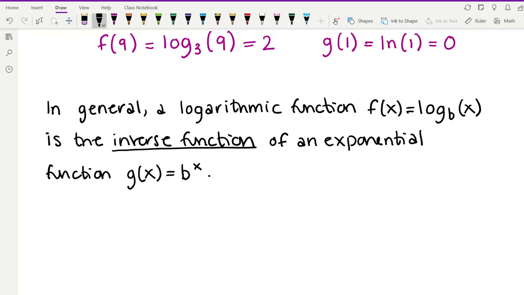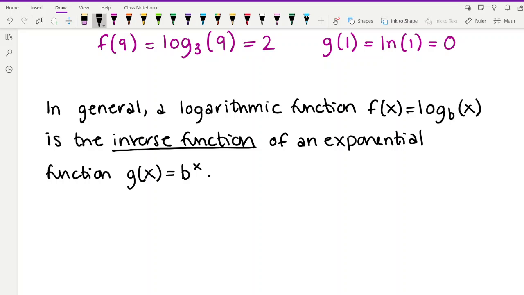So in other words, logarithmic functions and exponential functions are inverses of each other. That shouldn't be too surprising because they kind of work backwards from each other, right? It's like squaring and taking the square root. Logarithms work backwards to find an exponent, whereas exponential functions take something and raise it to an exponent. So that's why they're inverses of each other.